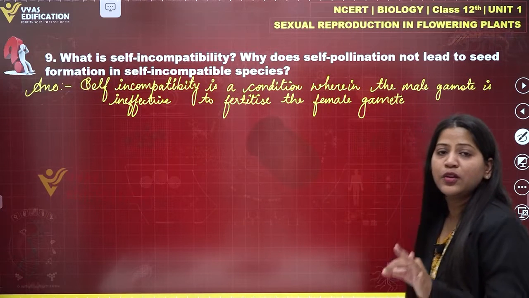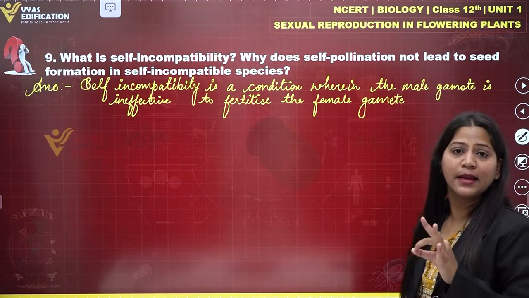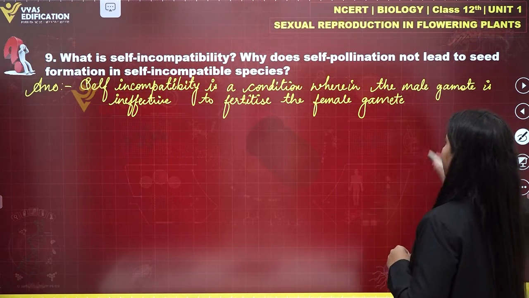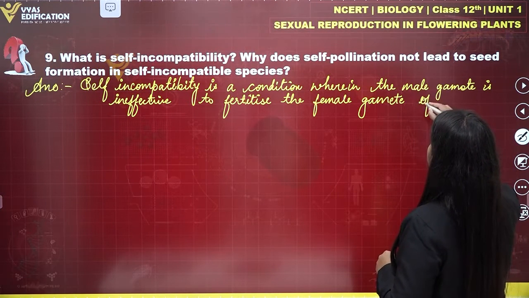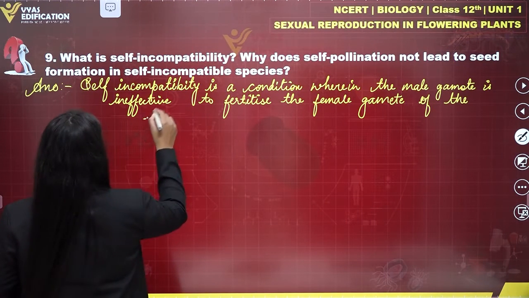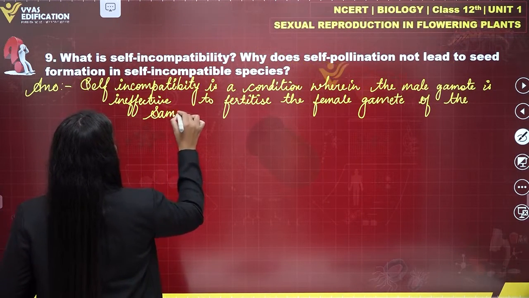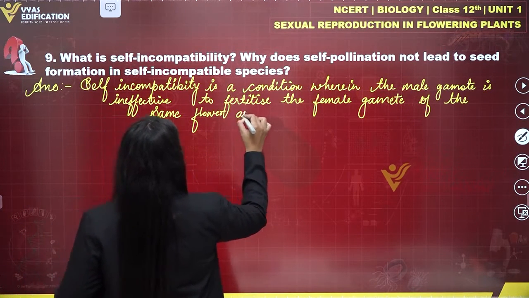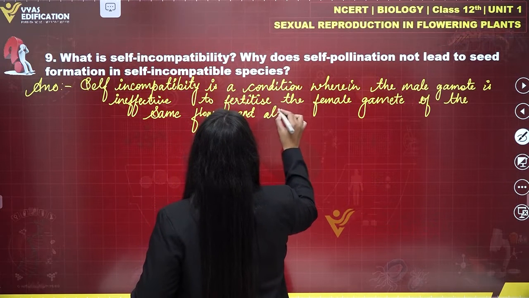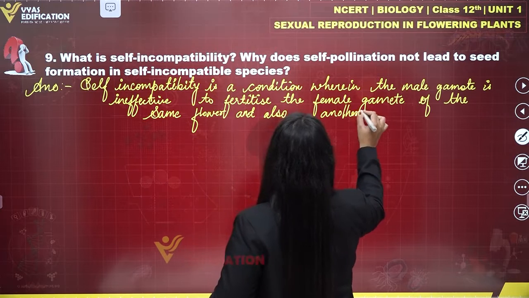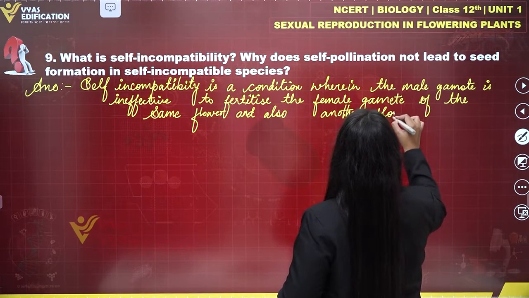It is a condition wherein the male gamete is unable or inefficient to fertilize the female gamete of the same flower, and also another flower of same plant.